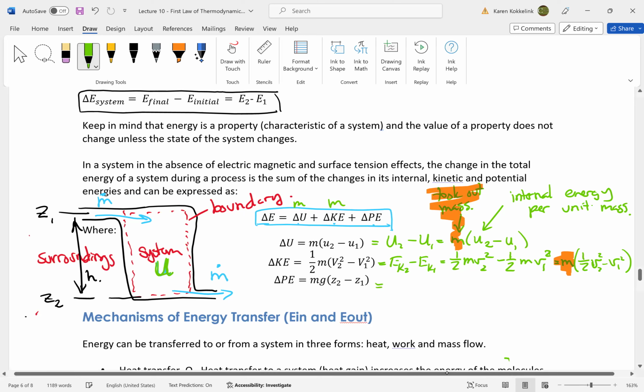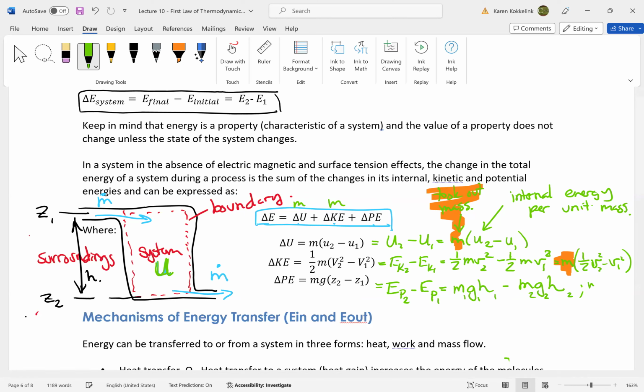Here, change in potential energy, and everybody can write this a different way. E potential 2 minus E potential 1 is equal to mgh minus mgh, m1 g1 z1, m2 g2 z2. Well, of course, m1 equals m2, because there's the same mass flow rate in and out. Of course, g1 equals g2.